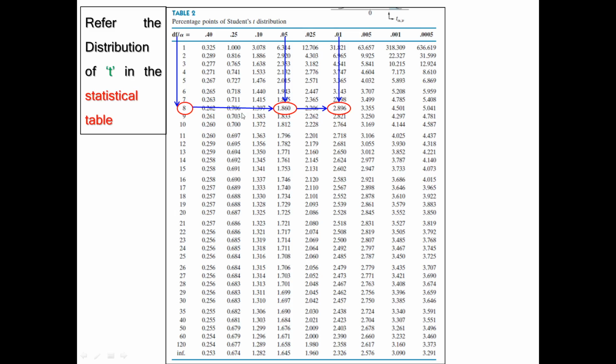The value for 0.05 is 1.860, and the value for 0.01 is 2.896. So at 0.05 level of significance, our tabulated value is 1.860, and for 0.01 level of significance, that is 2.896.